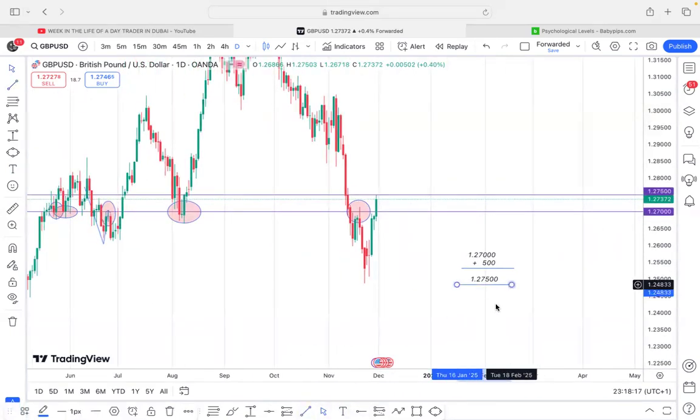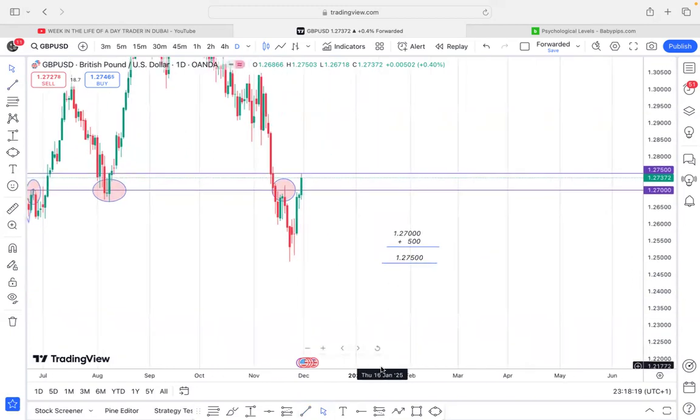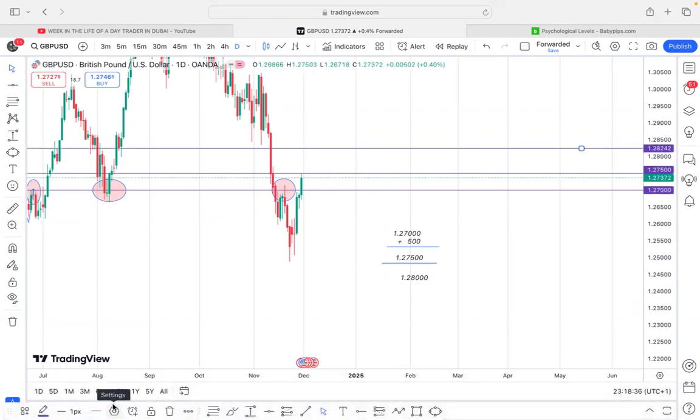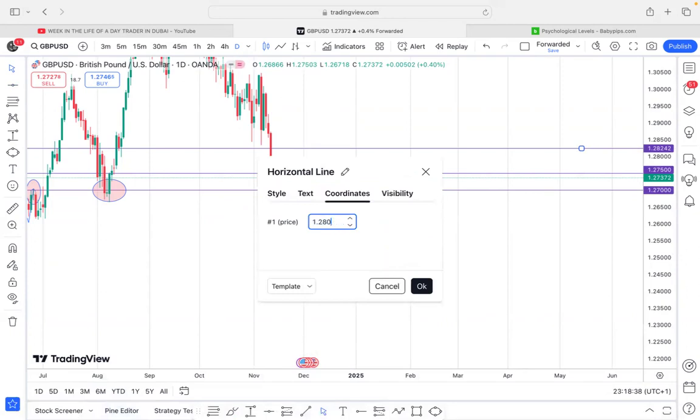If we add 50 pips again to it, we're going to have 1.28000, 1.28 thousand rather. If you put it here, you're going to see that our new level is 1.28 thousand.